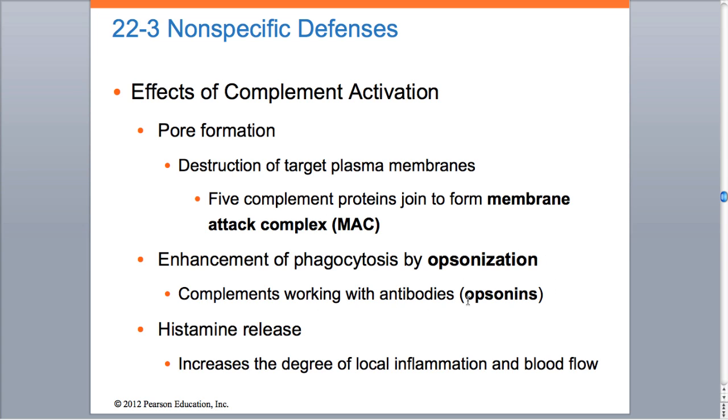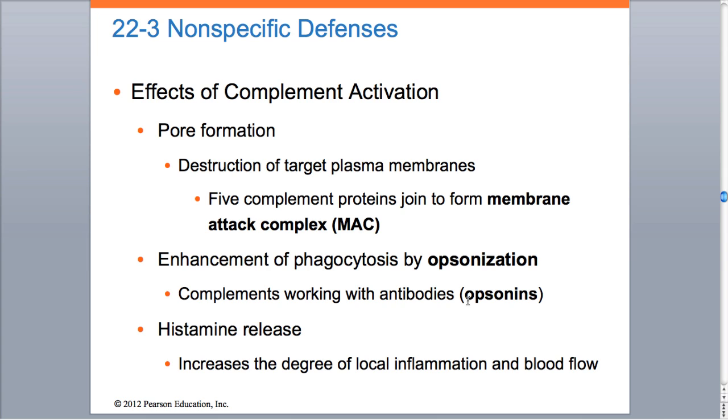Opsonization. Okay. So we're going to attach and create a process called opsonization. Now, opsonization is the enhancement of phagocytosis because we're now making the surface of that cell much more visible. Let me read you the box from page 783 on opsonization.